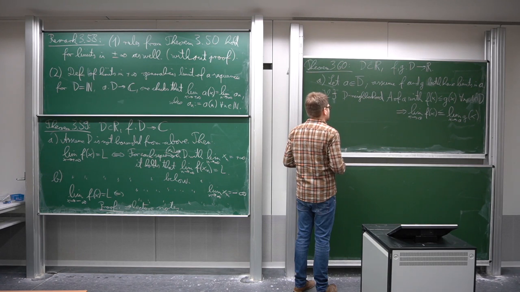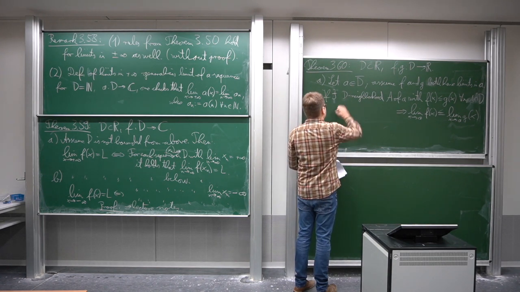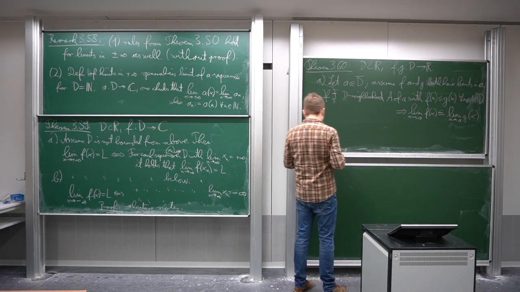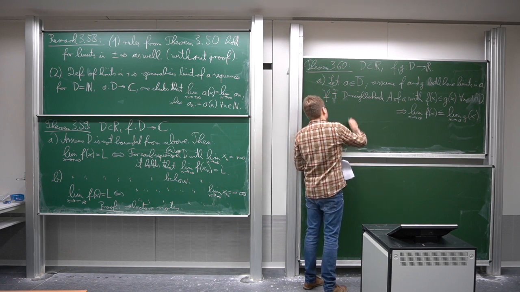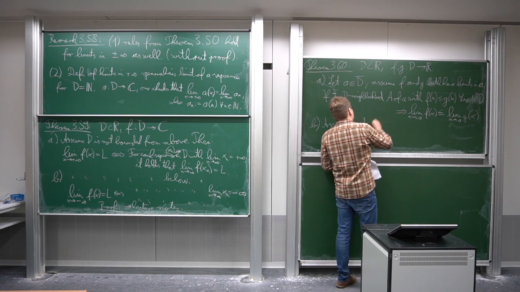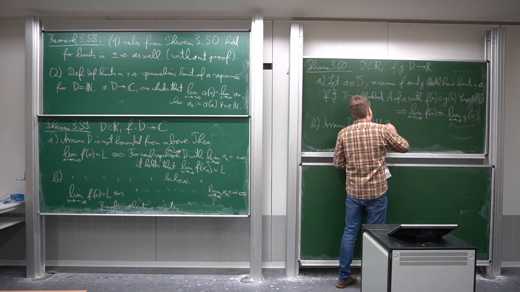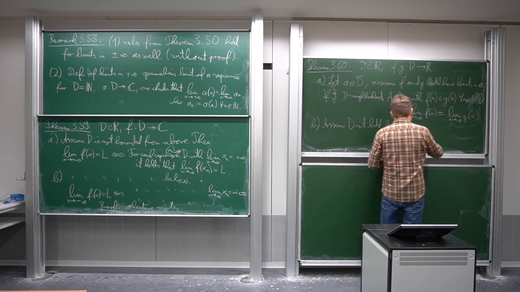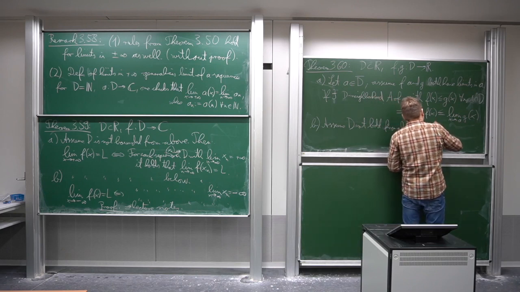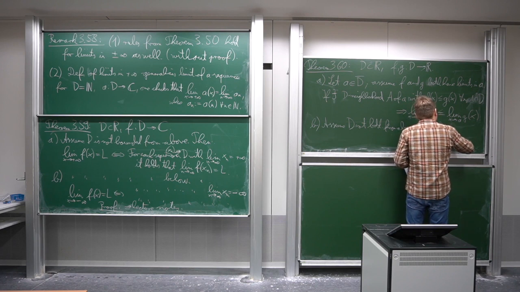And the same is now true for the limits at plus and minus infinity. This is also a bit tedious, I will try to keep it short. B, again, assume D is not bounded from above, and that both f and g have limits at plus infinity.